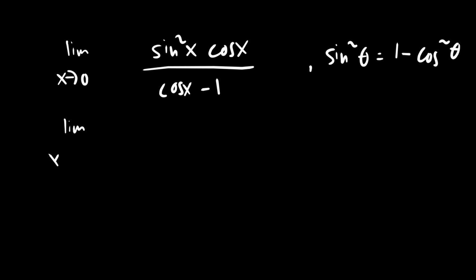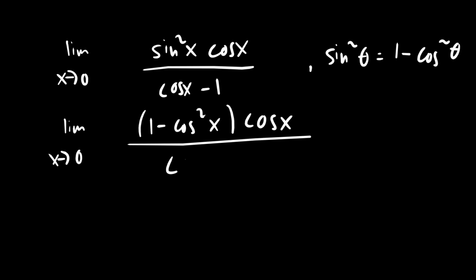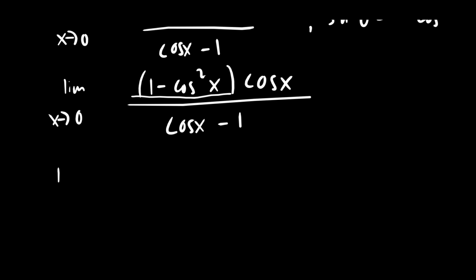So we'll substitute sine squared x with 1 minus cosine squared x. Limit as x approaches 0 of 1 minus cosine squared x multiplied by cos x all over cos x minus 1. Notice that 1 minus cosine squared x is a difference of two squares, so we'll evaluate further.